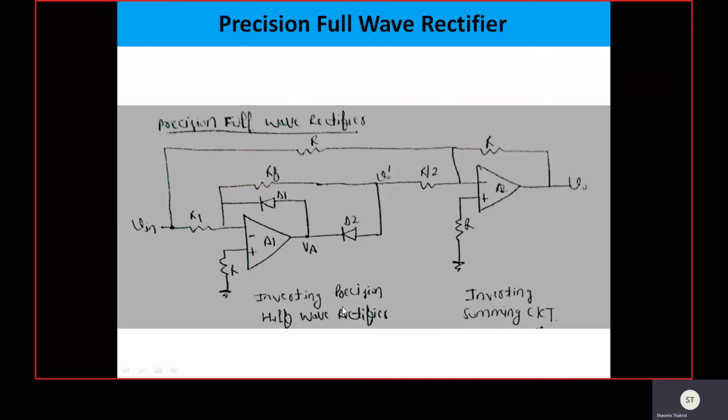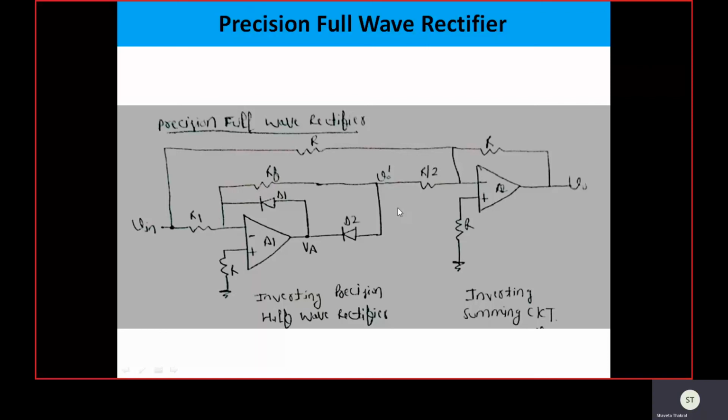So this circuit we have discussed: if we are giving V input positive, the VA point will be negative, and when the VA point is negative, this diode will be forward biased and the circuit will work as an inverting operational amplifier, and the output obtained will be inverted input under the condition R1 and RF both are equal.